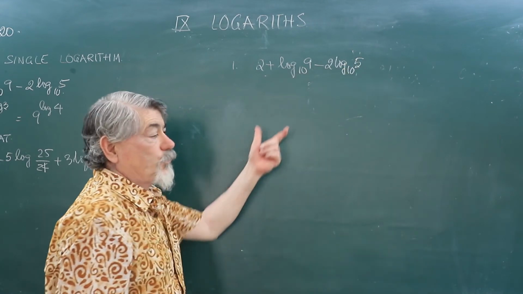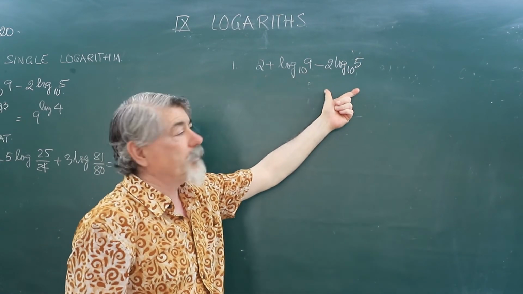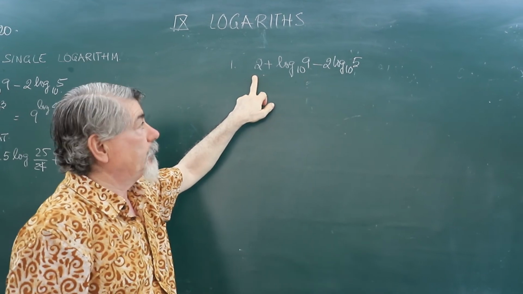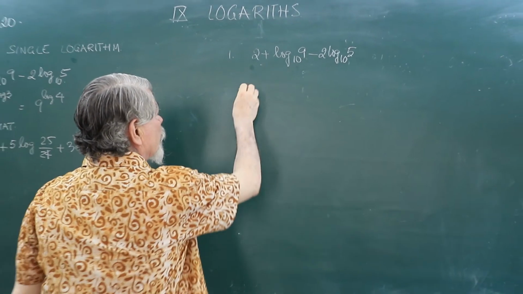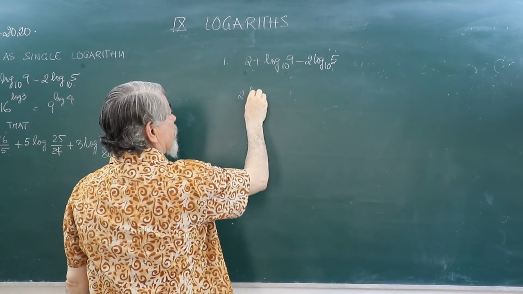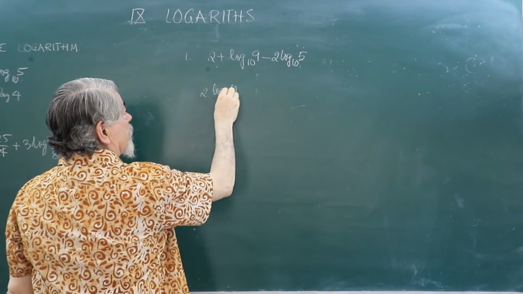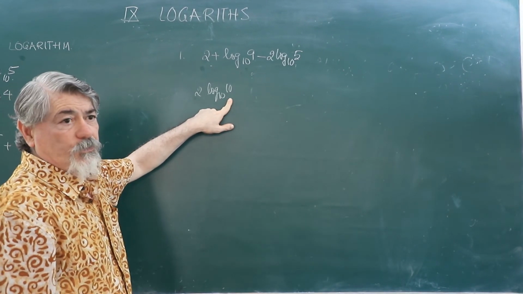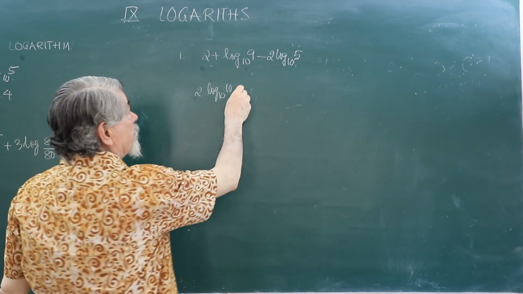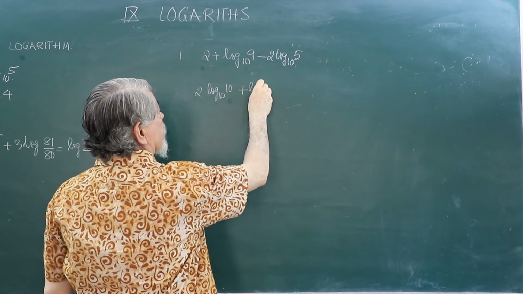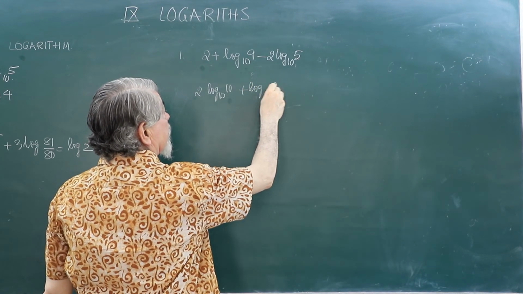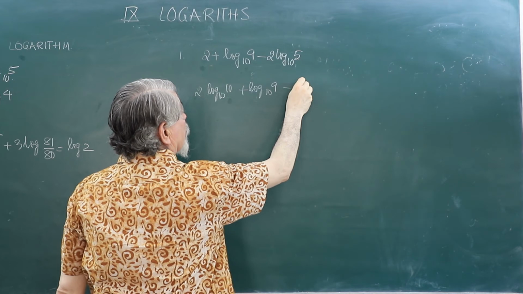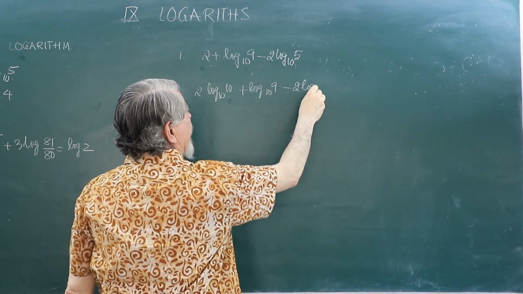Now we see that two portions have got log, but this doesn't have log, and bases are 10. So what I can do is I can write this as 2 log 10 to the base 10, because log 10 to the base 10 is 1, so 2 into 1 will be 2 only, plus log 9 to the base 10 minus 2 log 5 to the base 10.